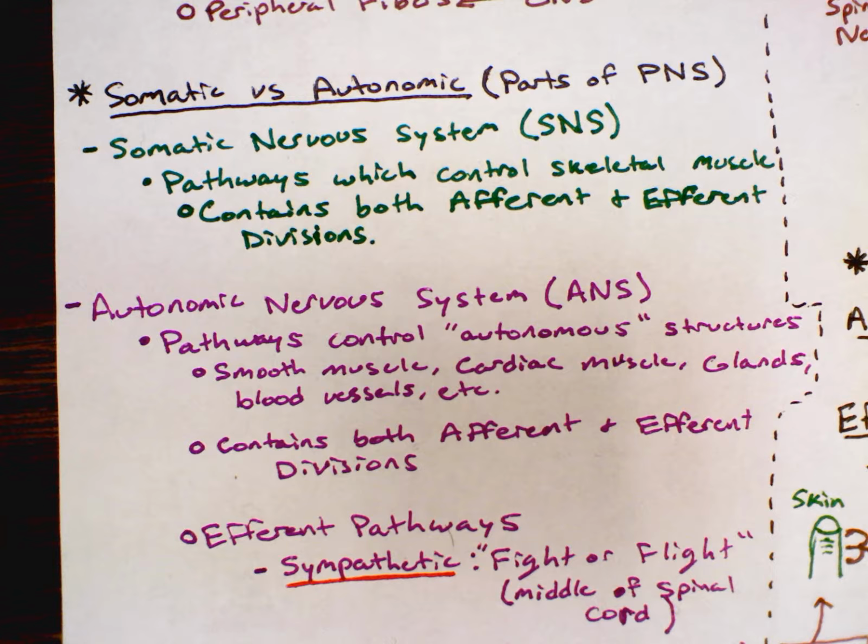So those are all things that are under your conscious control. So when you think of a reflex arc, if you touch something hot, you are going to generate a response where you pull back your hand using your skeletal muscle. That's going to be using your somatic nervous system, where we are generating a response from structures that are under your conscious control.